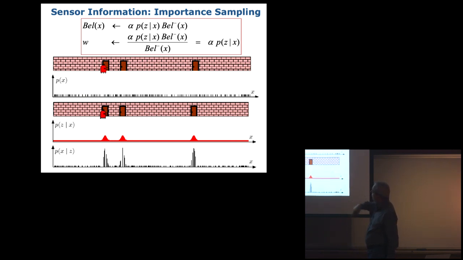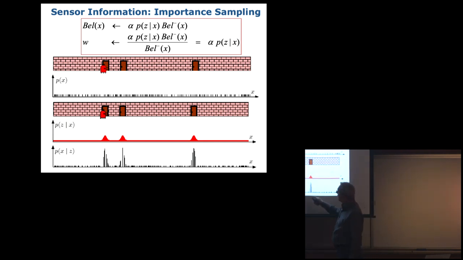We calculate the importance weight as the observation likelihood given that observation and the state of that particle or hypothesis. So this is our observation likelihood once again. And in the end, we get these towers with a height proportional to the observation likelihood. This is because we normalize the weights so that they sum up to one over all hypotheses.